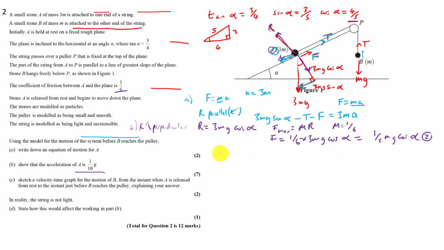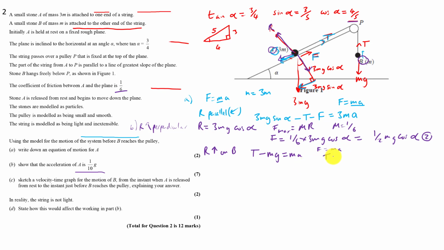Now we've got to resolve upwards, and this is on B here. So that's going to give us the tension minus mg is going to equal ma, because F equals ma.